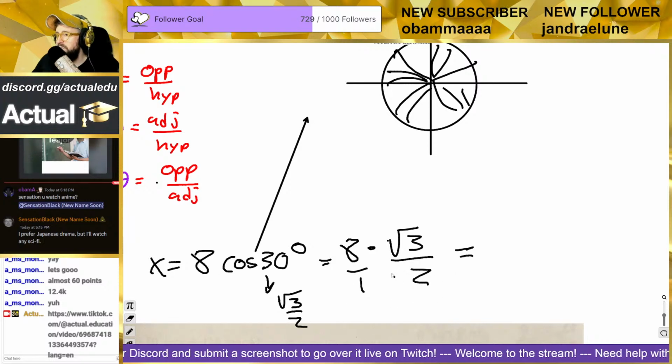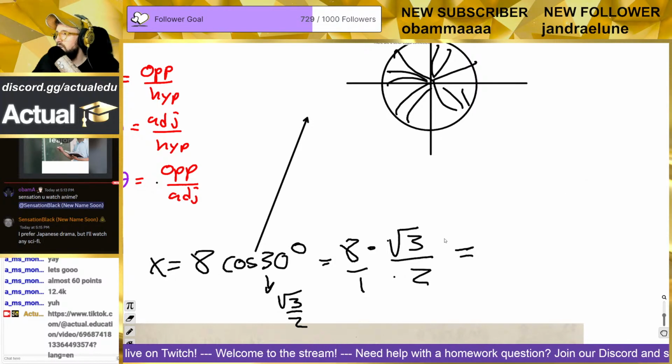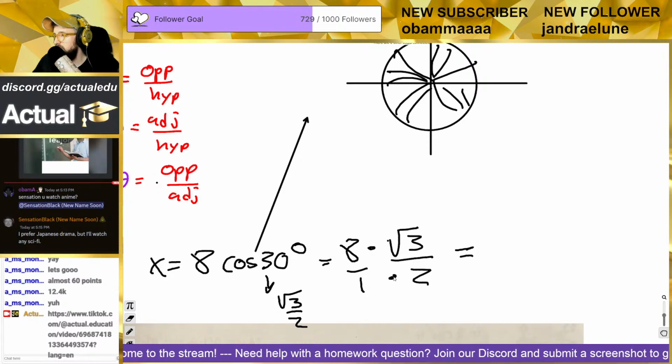Okay, so watch. I can flip the orders of these things, right? You know that A times B is equal to B times A? And when I multiply fractions, you see I do this times this over this times this? I'm going to flip these, so it's 2 times 1. Does this maybe help you out a little bit?